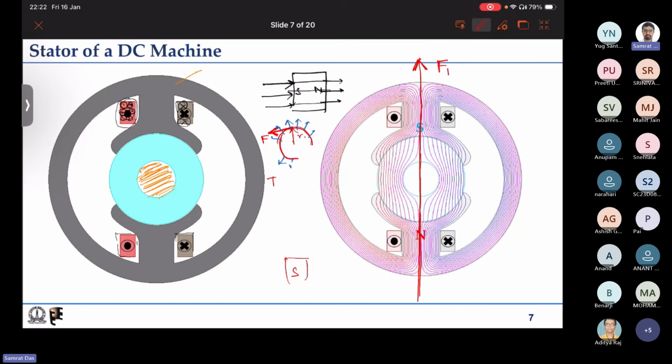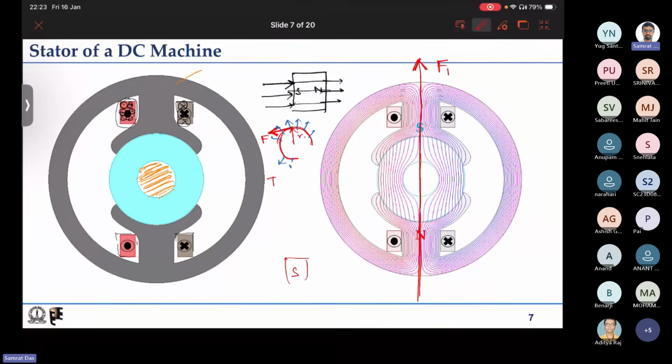Till now there is no F2, there is no magnetic field in the rotor. We will see how to have it so that we can have some torque production. So what is the use of this axis? If you want to define the angular shift between two magnetic fields, then you have to define it with respect to some reference.